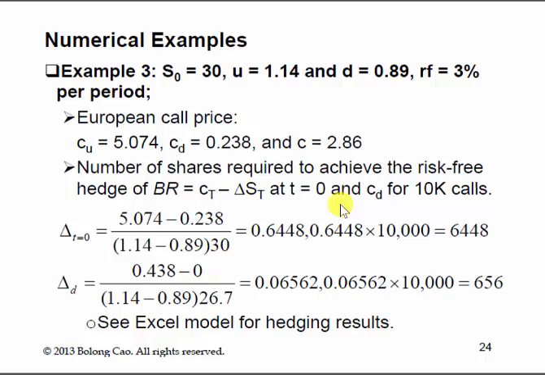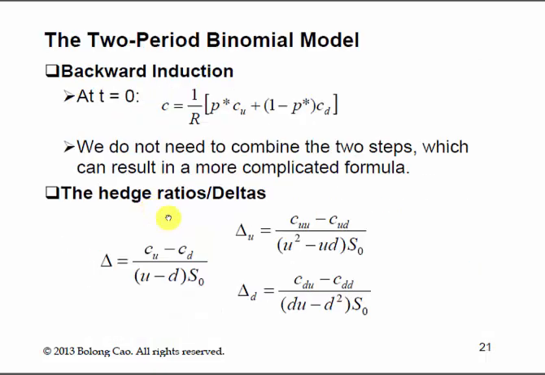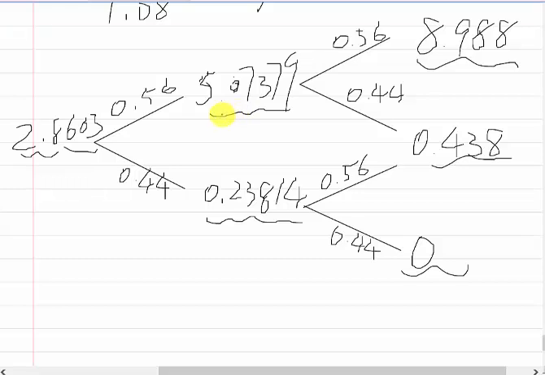Now that we have all the call values, we've also discussed the calculation of the deltas. If you go back, we can have different delta values at different nodes on this picture.